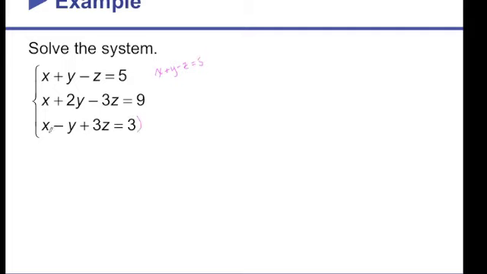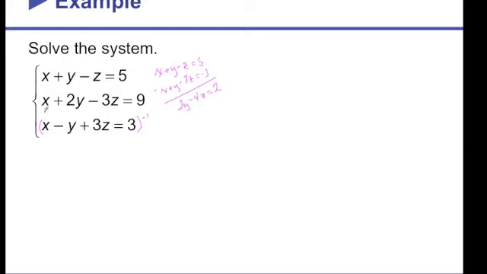Let's take the bottom equation times -1. So negative x plus y minus 3z equals -3. The x's go out. We have 2y minus 4z equals 2.